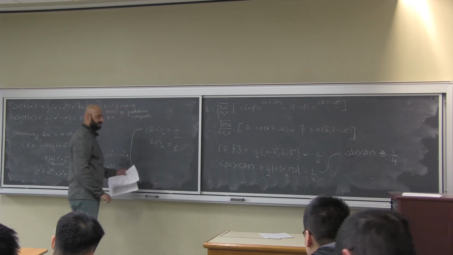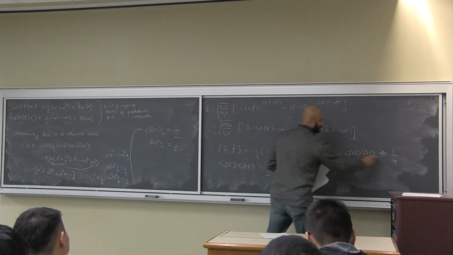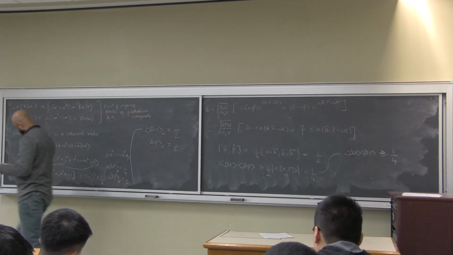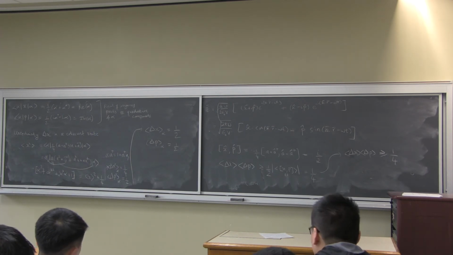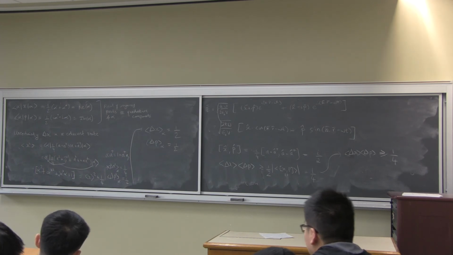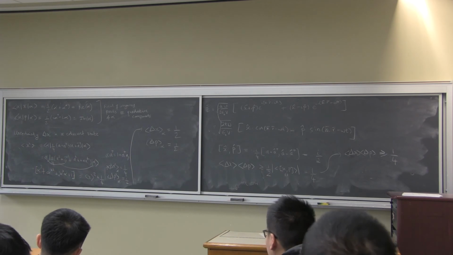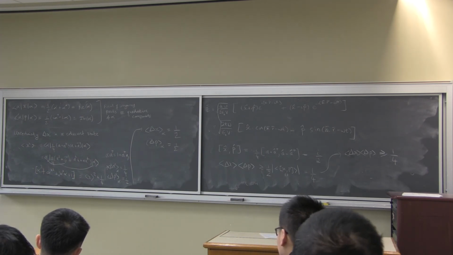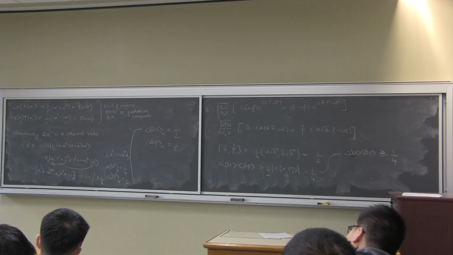So this state satisfies the minimum uncertainty product, delta x delta p is 1/4. Okay? So this is the minimum uncertainty we could expect for a classical light field that has a well-defined value E, or alpha in this case.